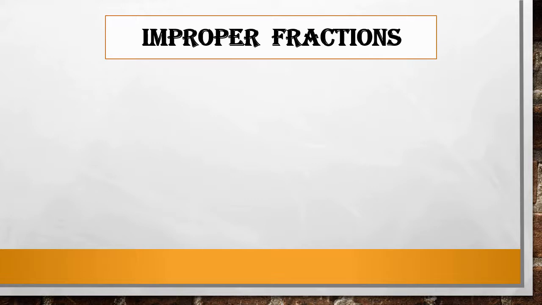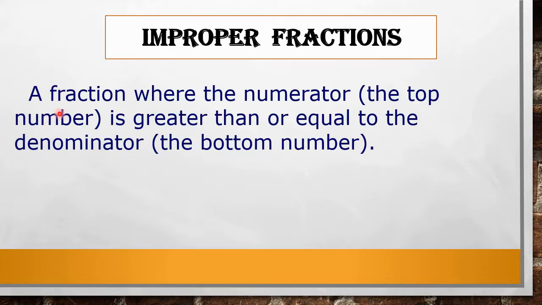Second one is improper fraction. A fraction where the numerator, meaning the top number, is greater than or equal to the denominator, meaning the bottom number.